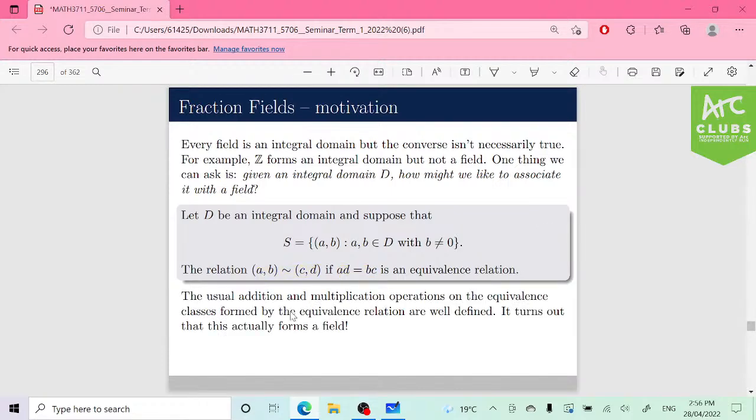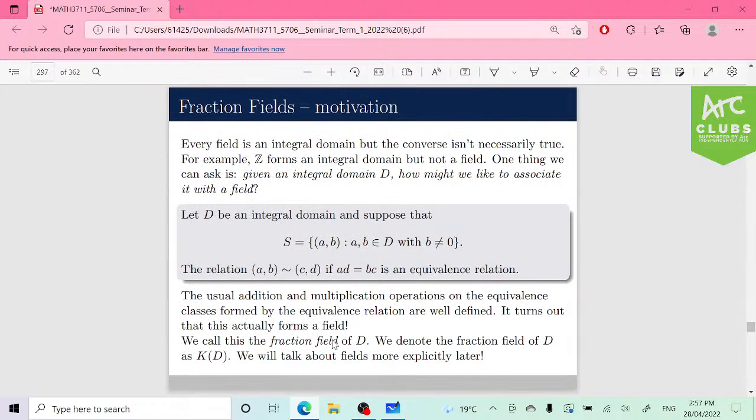It turns out that if we look at the equivalence classes with the usual addition and multiplication operations, it actually forms a field. And this is what we call a fraction field. So the fraction field is really just the equivalence classes under this relation.